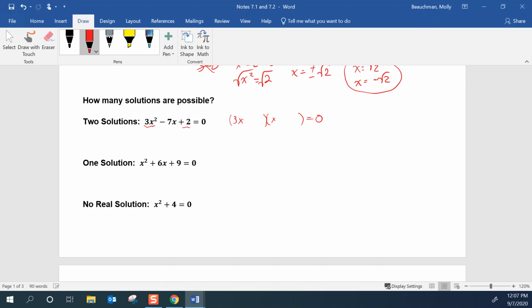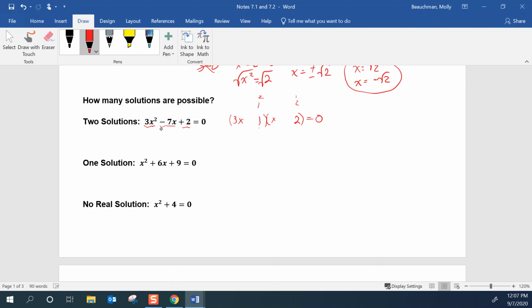Now I need two numbers multiplied that give me 2. I'm either going to get 1 times 2 or 2 times 1. And I try to find the combination that's going to give me a minus 7 in the middle. Okay. So the only way, 2 times 3 is 6. The only way to get a largest number as 7 is to make a 2 here and a 1.